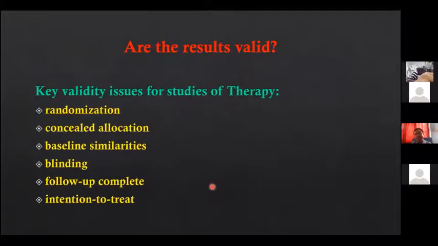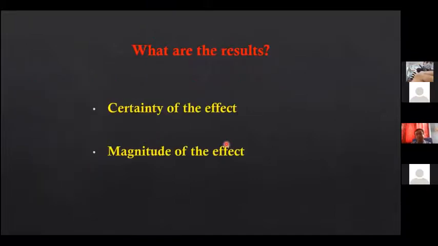Then you have to check the validity of the result. Now, for checking the validity of the result, you have to go to the material and methods section. In the material and methods section, look for the study design and see whether all these factors have been taken care of or not. Then go for the results.